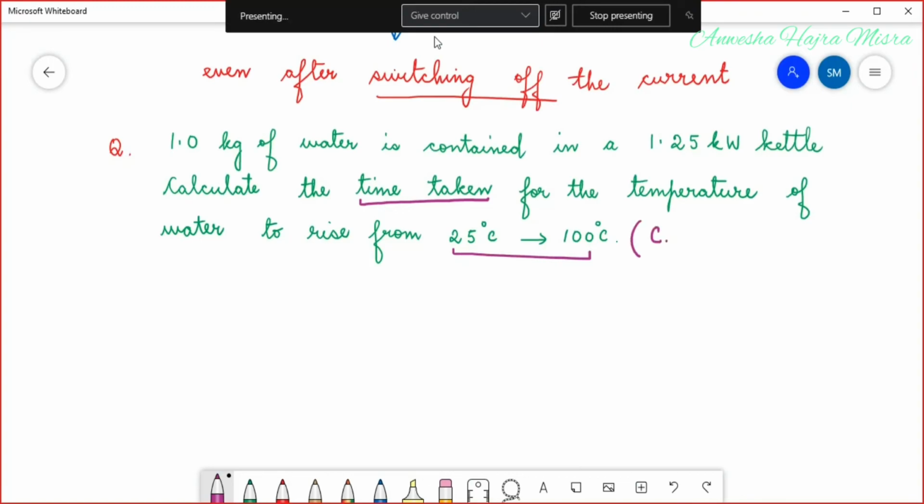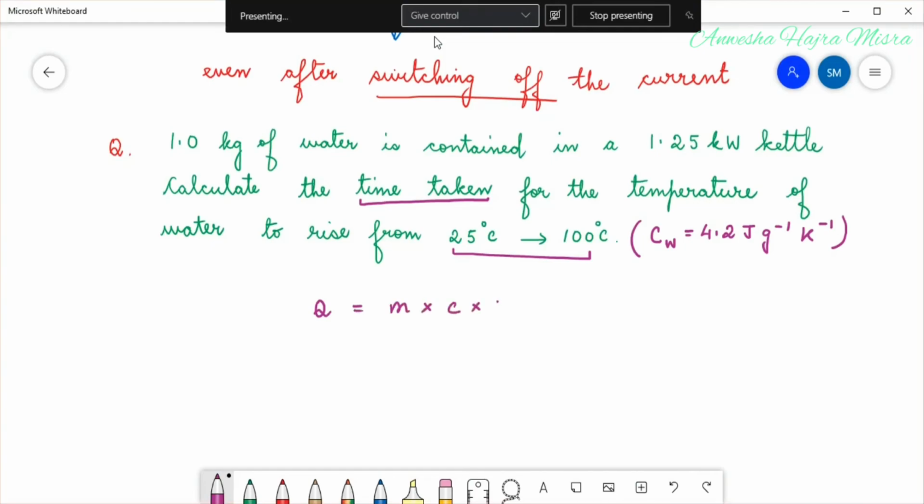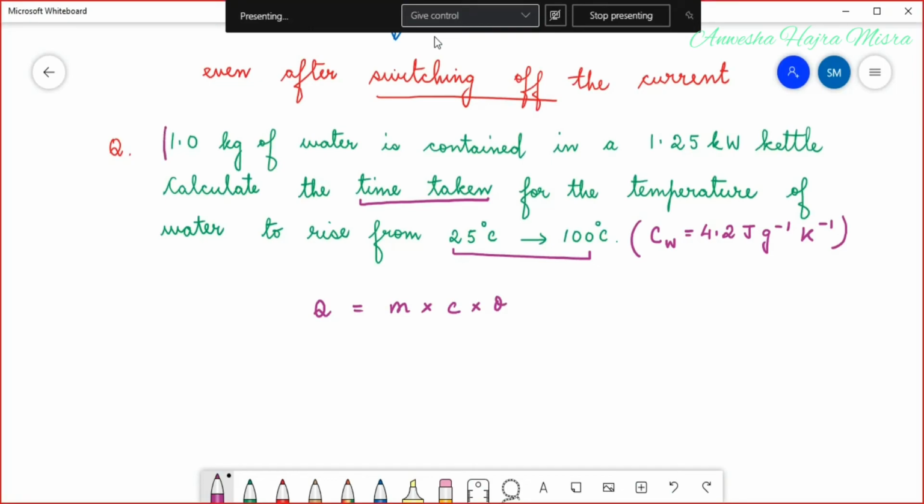Now it is given that specific heat capacity of water is 4.2 joule per gram per Kelvin. Now the formula for Q is m into C into theta. Mass is 1 kg. C is given in gram, so we have to convert it into kg.